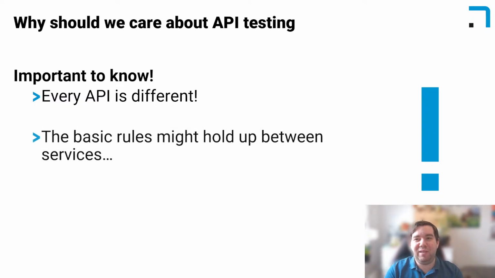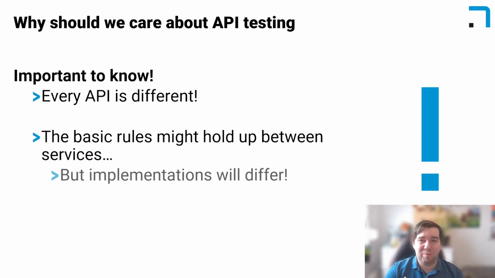Of course, the basic rules might hold up between several different services. So if we're looking at Google, for example, we have Google Maps, but we also have their Google search and a variety of other things. We can expect the basic rules would apply for a lot of Google's API services. But the actual implementations, both in terms of what happens inside and what may be given back to us, will greatly differ.